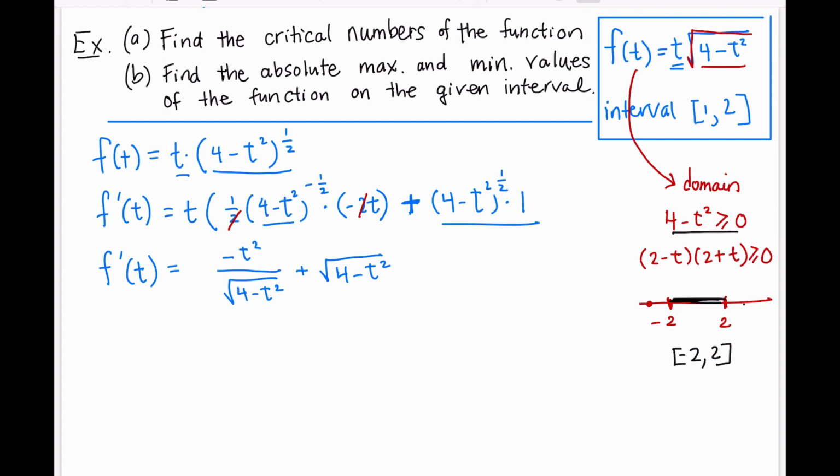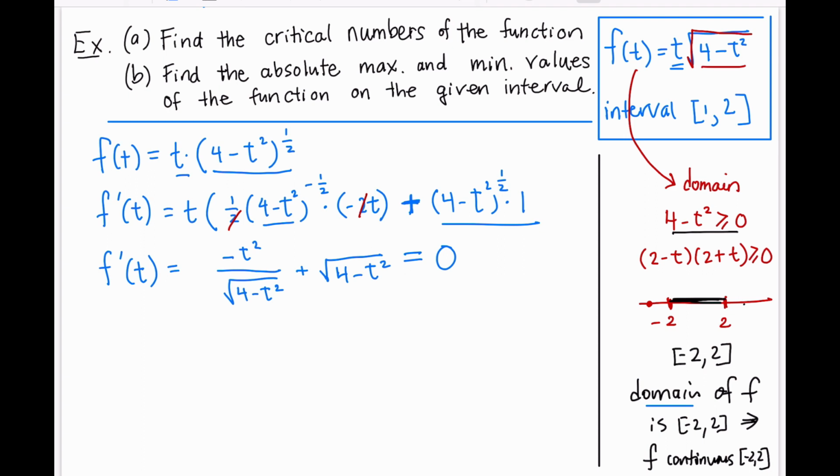And that is going to actually be the domain of my function. So the domain of f is [-2, 2]. And this also implies that f is continuous there. So we'll use those important facts later.